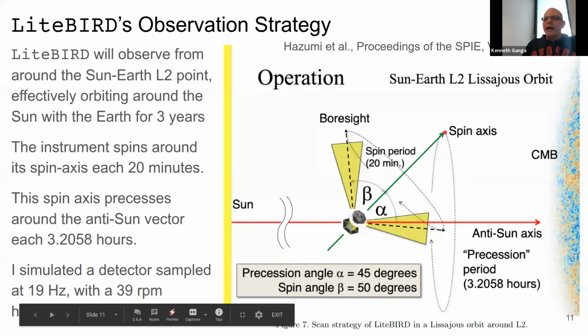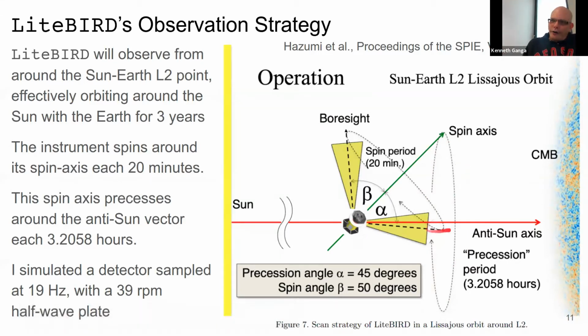Then we have a spin axis that rotates around that axis and continues to do that as the Earth goes around the sun. And then there is another level of spin around this spin axis. And even on this boresight, there's a half wave plate that's spinning.